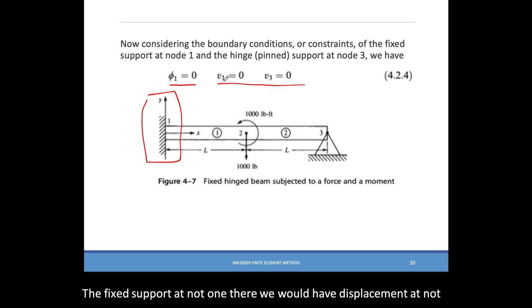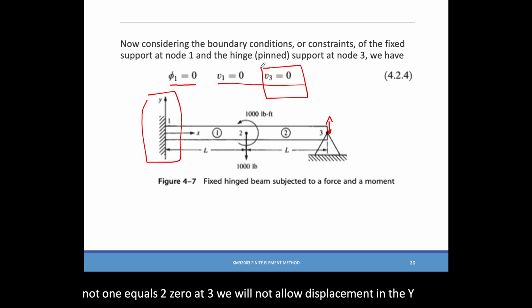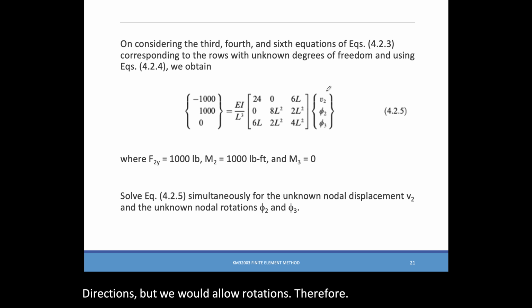At node number 3 we would not allow displacement in the y direction, but we would allow rotations, therefore here we would have v3 equals to 0. So apply them into our equation and solve them simultaneously.